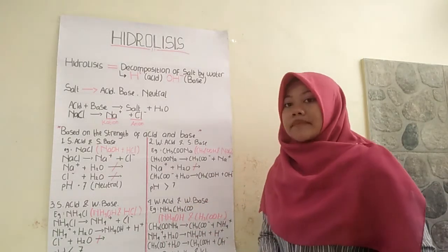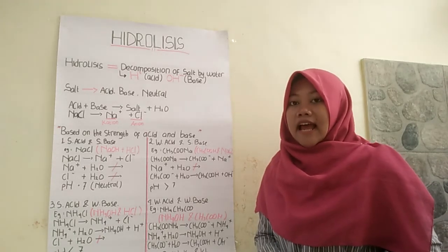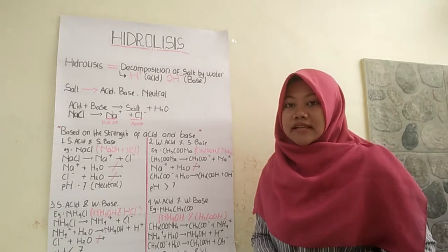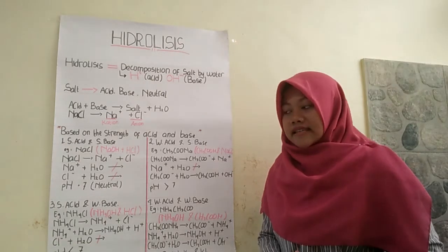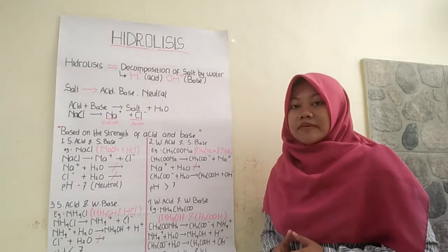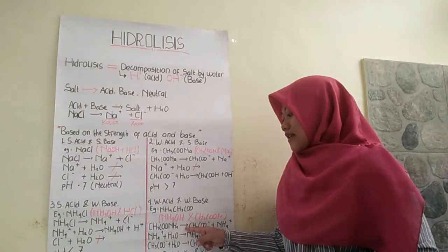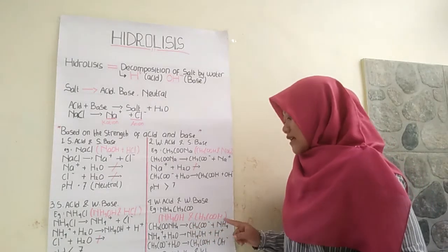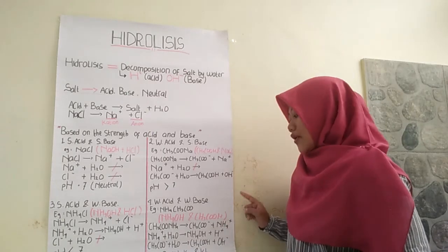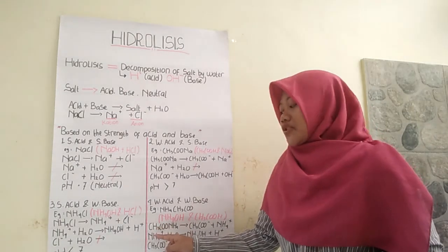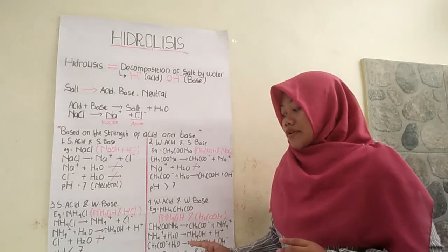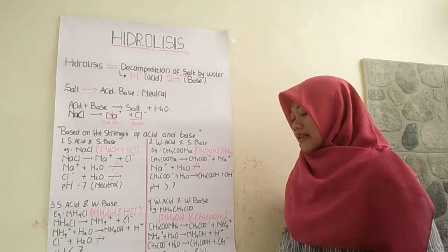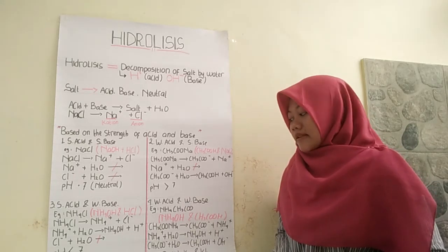And the fourth is weak acid and weak base. For example, ammonium acetate. Ammonium acetate is from ammonium hydroxide and acetic acid. Ammonium acetate ionized into CH3COO minus and NH4 plus. NH4 plus reacts with water to produce ammonium hydroxide plus H plus.